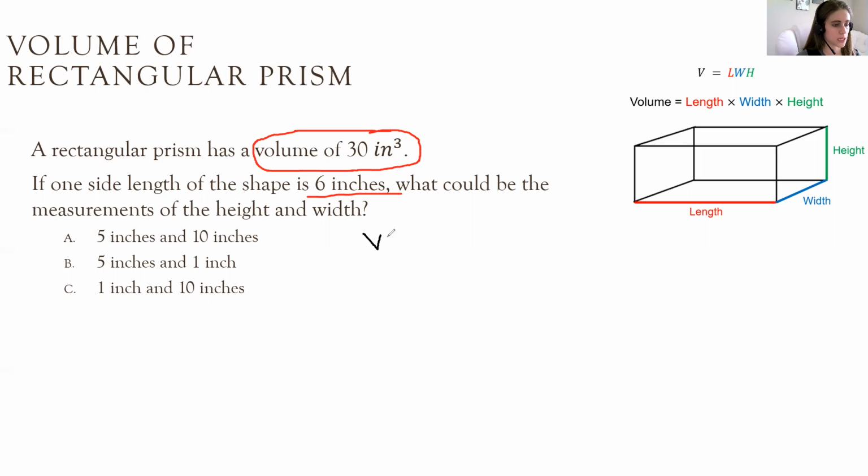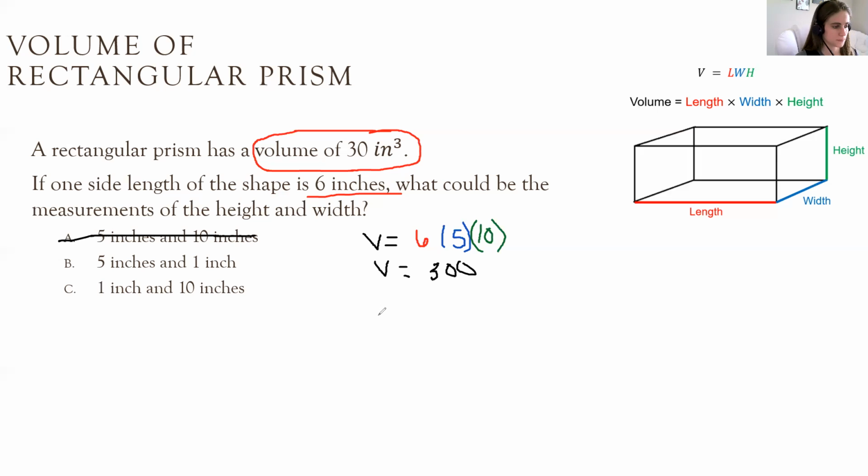Problem A would be where we have a length of 6 inches, and then my other 2 sides are 5 and 10. If we multiply all of that, take 6 times 5, multiply that by 10, we get 300. Is that the volume we were looking for? Nope. So A is not a possibility.